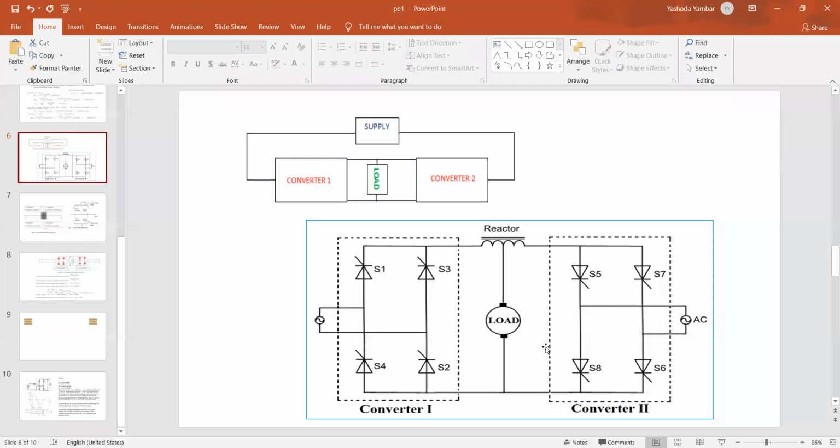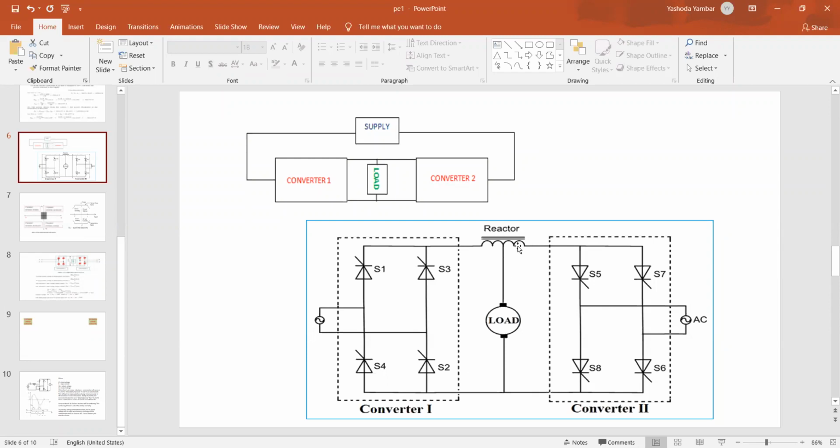So this current, if it is flowing continuously, might change the operation of the motor. Therefore, in order to reduce that current and limit the current which is circulating through this particular region, we use the reactor. Again, it is nothing but an inductor.